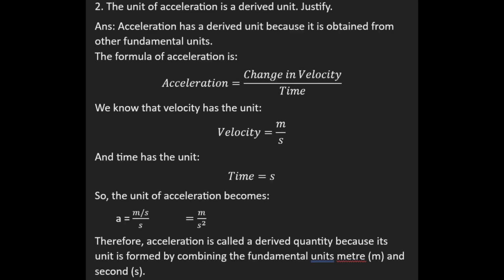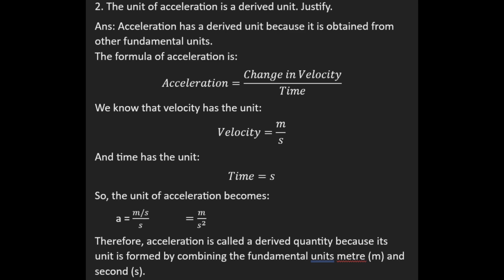Now, let's move to another important question. Why is the unit of acceleration called a derived unit? We know that acceleration equals velocity divided by time. Now, students, what is the unit of velocity? It is meter per second. And the unit of time is second.